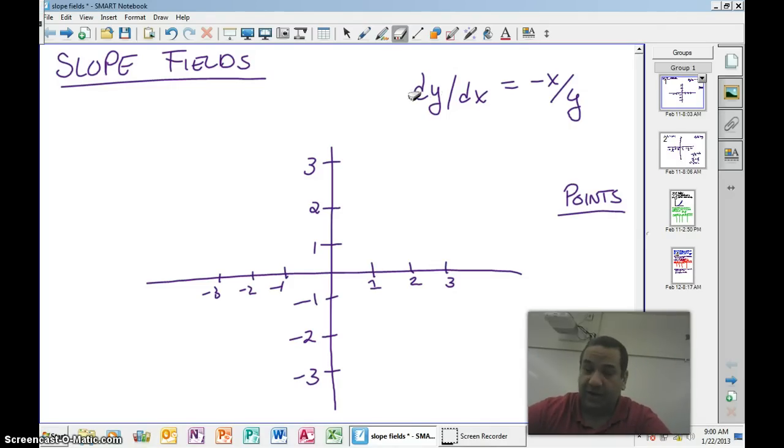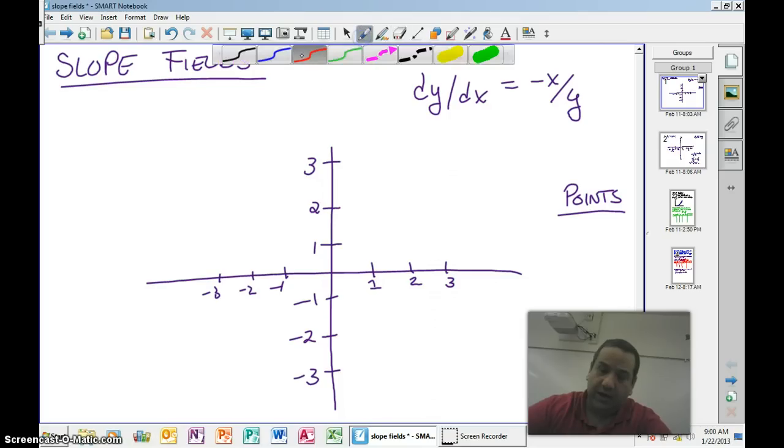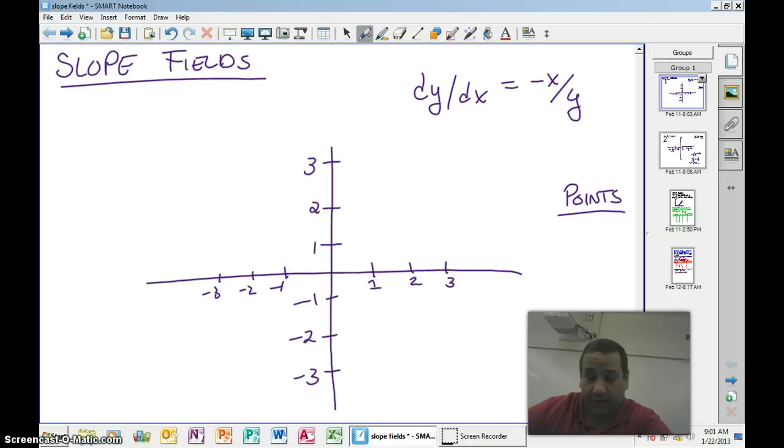In this slope field, the derivative is negative x over y. At each point, I'm going to make a line that represents the slope at that point. For example, let's take 0, 0. It's not even defined, so sometimes you'll see the slope look like that, because that's an undefined slope. It's up and down.